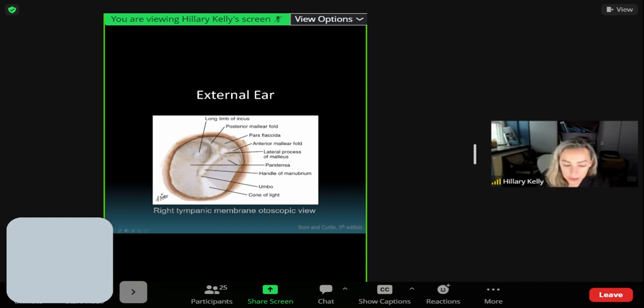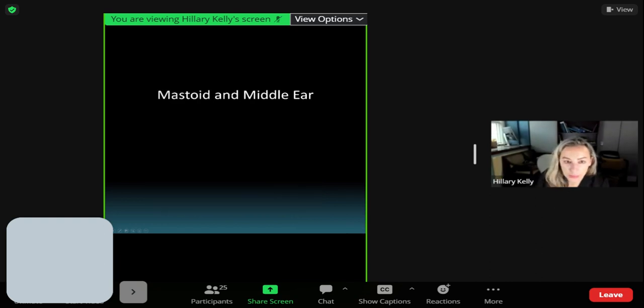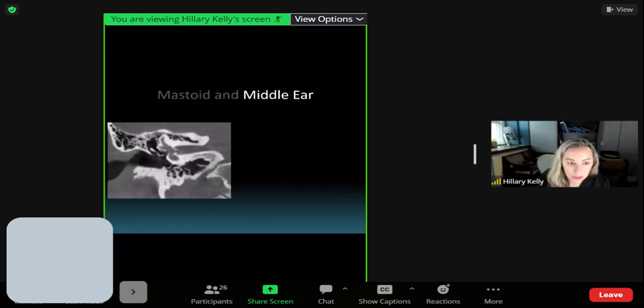Moving on to the mastoid and middle ear, we're going to start with the middle ear first. The middle ear in the temporal bone is a complex air-filled space that can be divided into three parts.